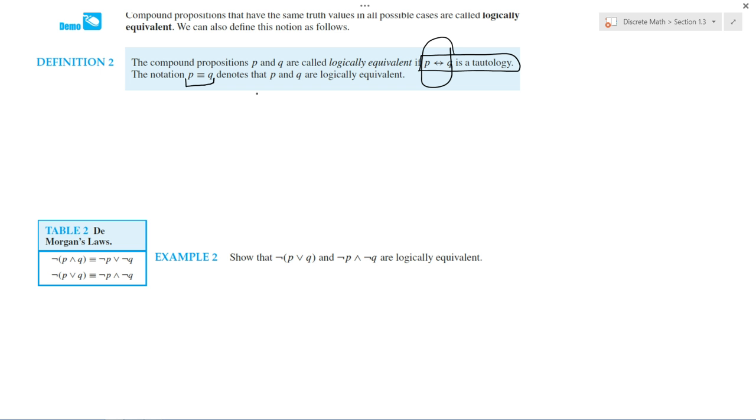So here's example number 2, and let's try to determine whether the two compound statements given here, not (P or Q) and not P and not Q, are logically equivalent or not.